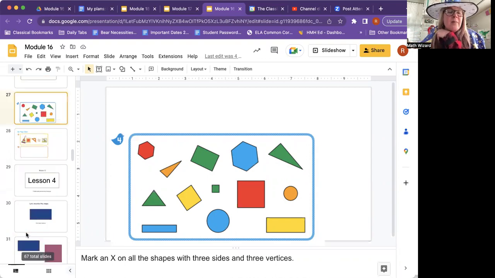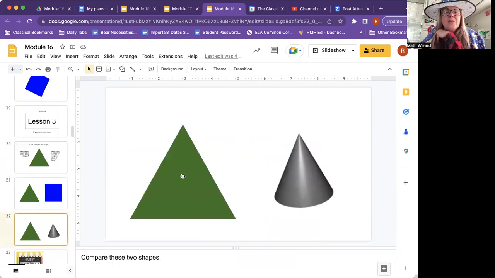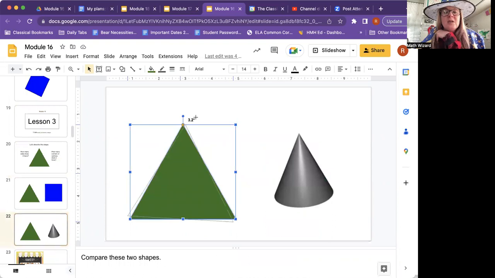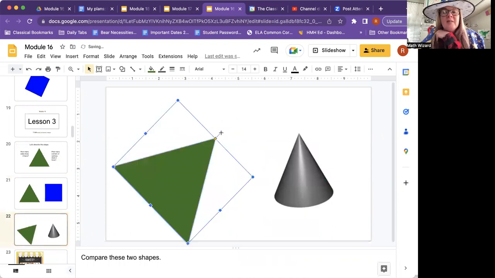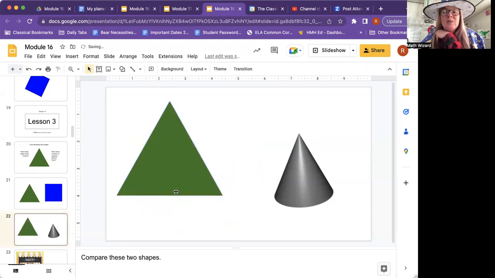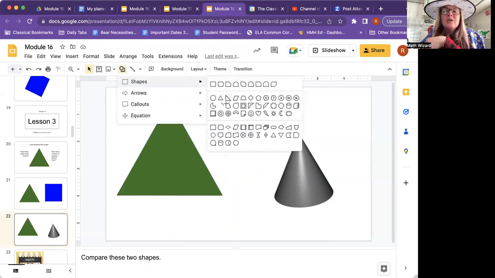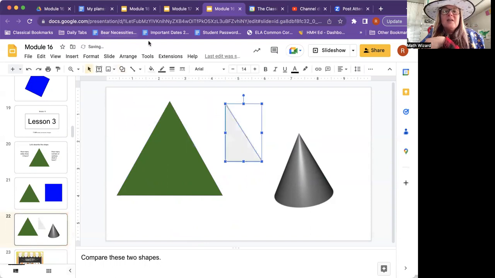All right. Now, I want you to look at something real quick. I'm going to go right here. Do you see this? Just like we did yesterday with a square. Does it matter? Is that still a triangle? Does it matter which way it's rotated? No, it still has 3 sides and 3 angles. There's another type of triangle that I want to show you, because you might see some that look like this, right?